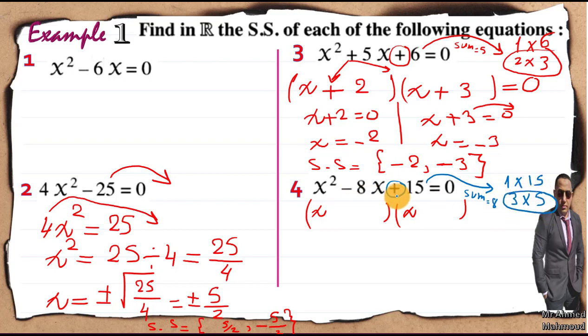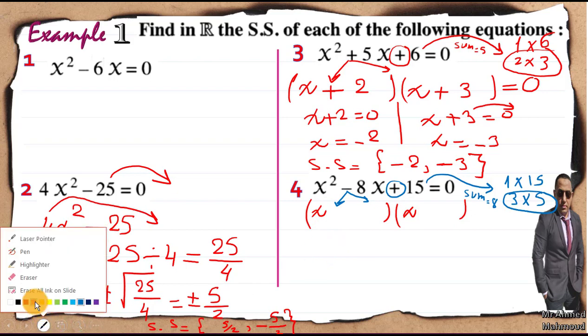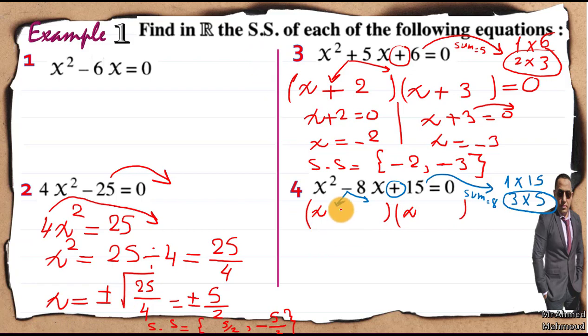Because this sign is negative, I'm going to distribute negative in both brackets and complete the solution. So here minus and here minus, and write 3 and 5 in both brackets.